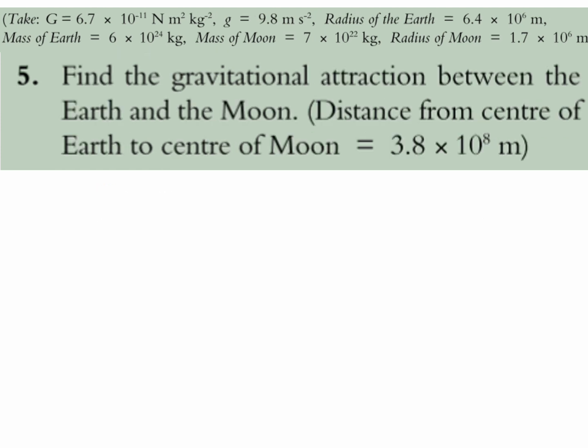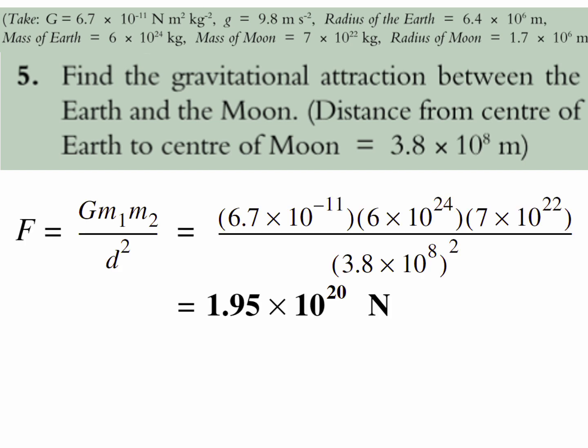Question 5 then, typical exam type question where they will give you 2 different planets or 2 different celestial bodies. So in this case, finding the gravitational attraction between the Earth and the Moon, and it tells you the distance from the centre of the Earth to the centre of the Moon was 3.8 by 10 to the 8 meters. So this is why at the start of the question they were giving us the mass of the Earth, the mass of the Moon, and different bodies there.